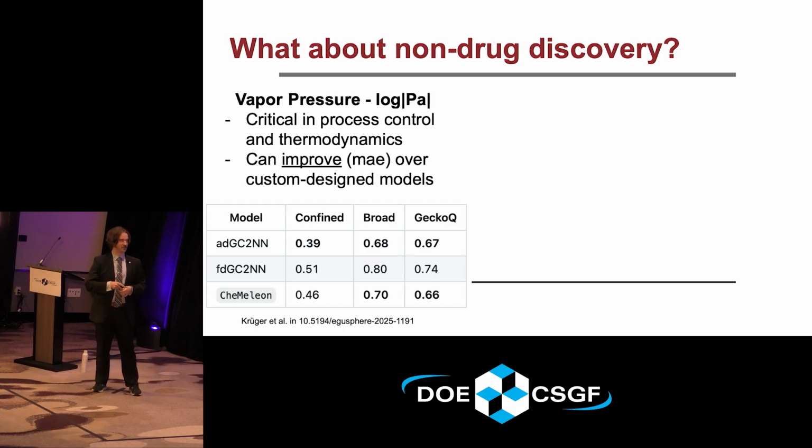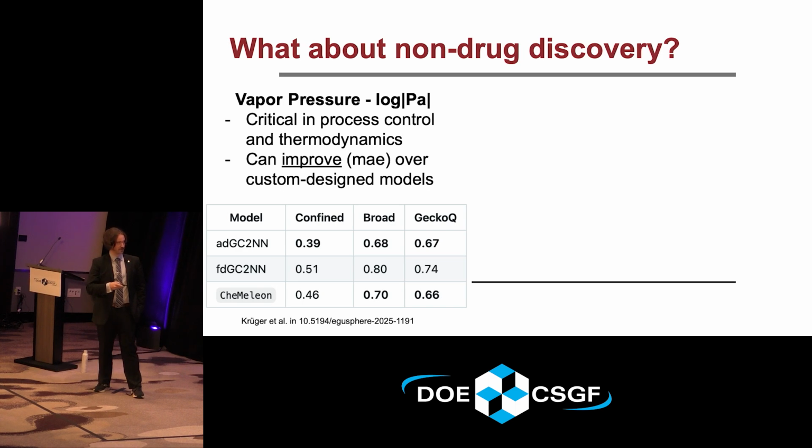But what they had to do was come up with these custom designed architectures to fit this data better. So again, in analogy to that opening example I gave you about expert designed representations, we've also just seen expert designed models to try to regress particular properties. And what you're seeing here is the mean absolute error on predicting the log of the vapor pressure.